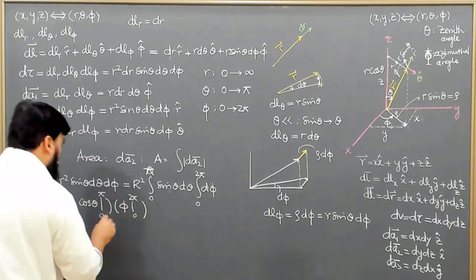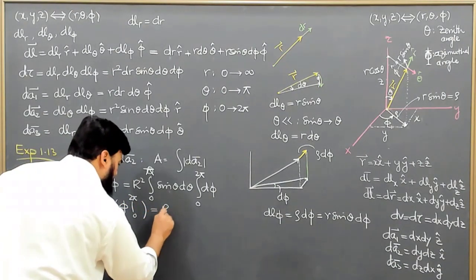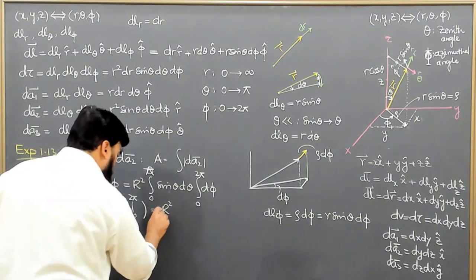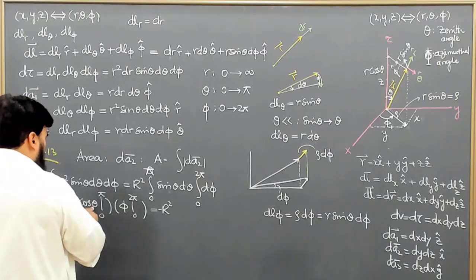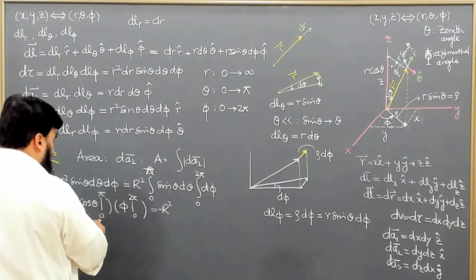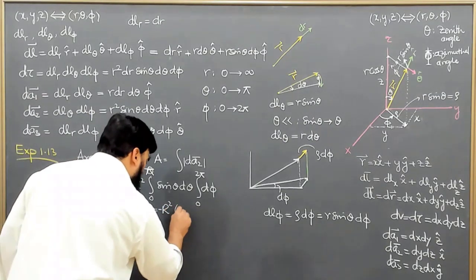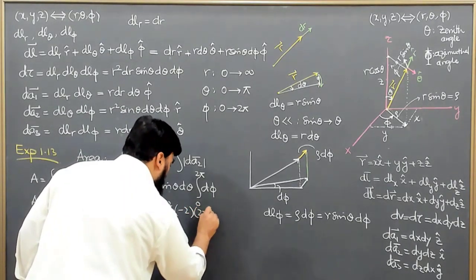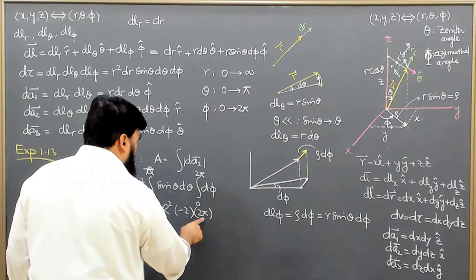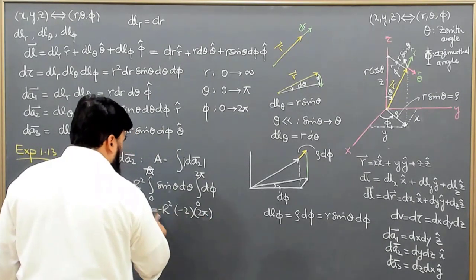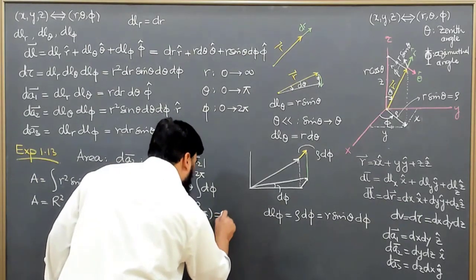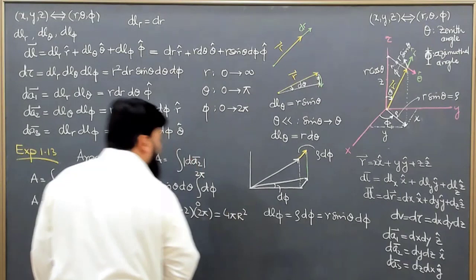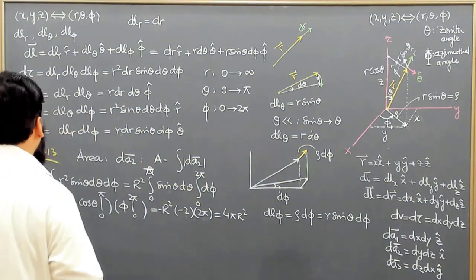The minus sign comes out with r square: minus r square, then cos pi is minus 1, minus cos 0 is 1, so it comes out to be minus 2, and the phi integral comes out to be 2 pi. So 2 times 2 pi is 4 pi, minus minus is plus, so we got 4 pi r square. This is the area of the sphere.